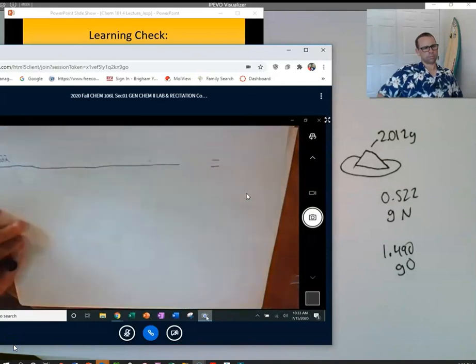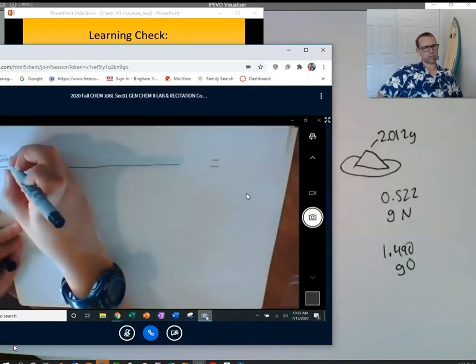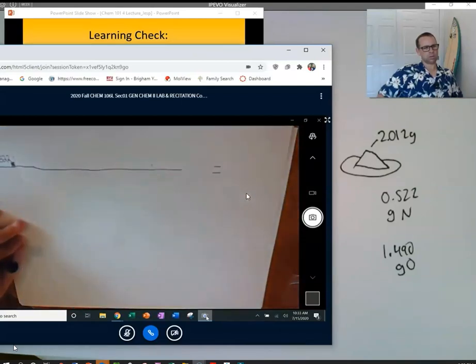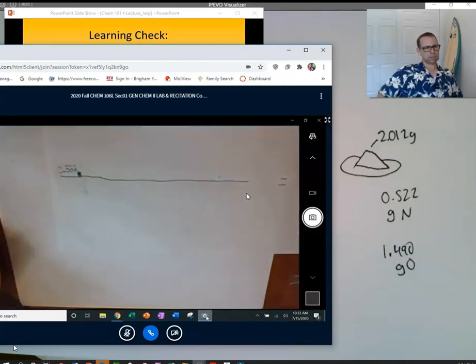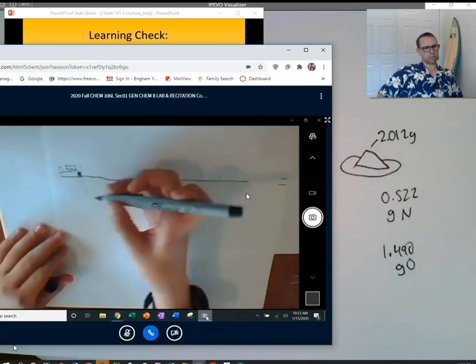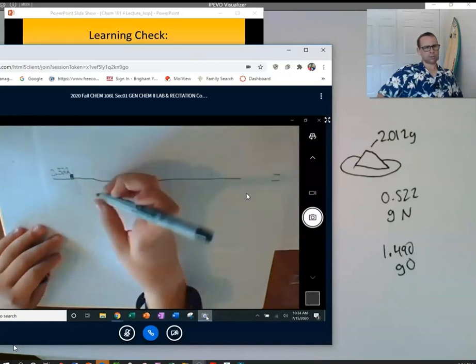So yeah, then we start with our 0.522 grams of nitrogen. All right, and we're trying to get it to what? What's over to the right there? Grams of nitrogen, you got there, okay. 0.522. All right. So we need to go from grams of nitrogen on the bottom, right?